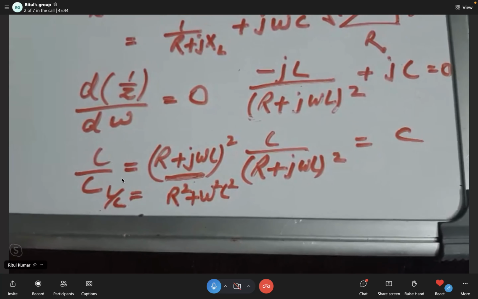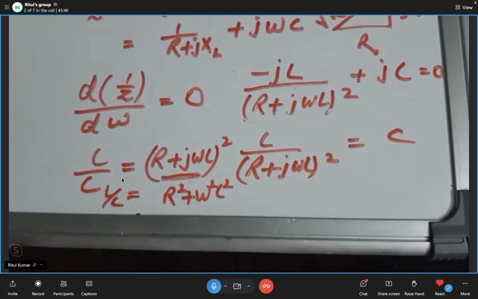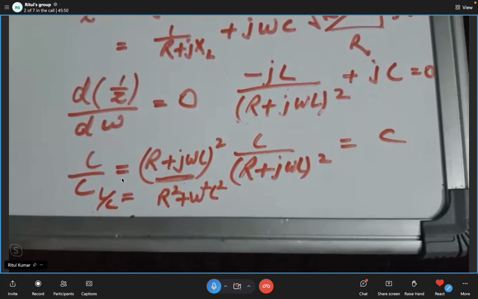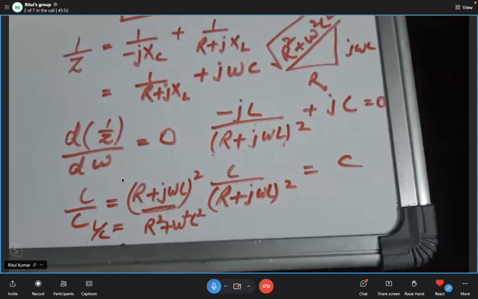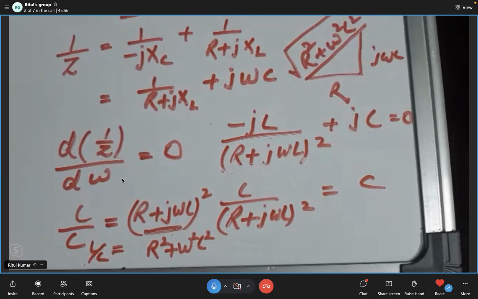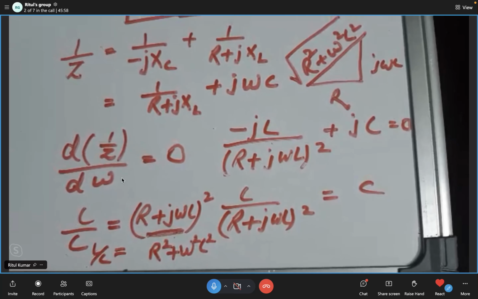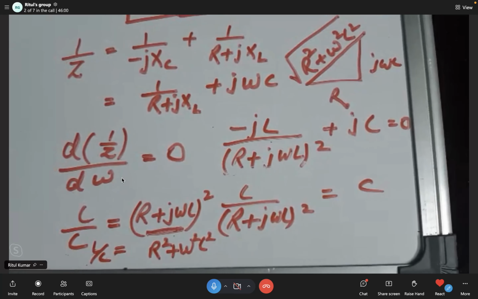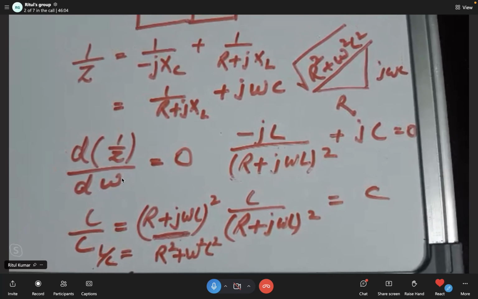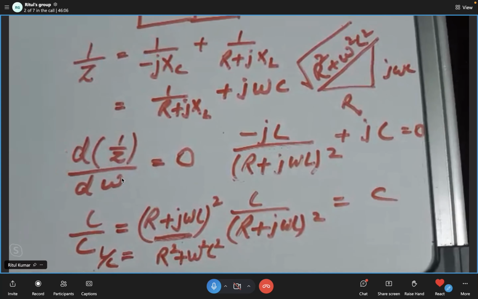Yes. Now the right hand side is having R plus j omega L squared. How do you decode R plus j omega L squared? What does it mean? It's a complex number, correct.